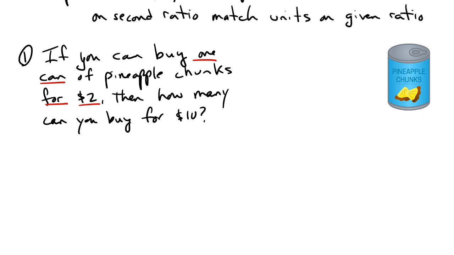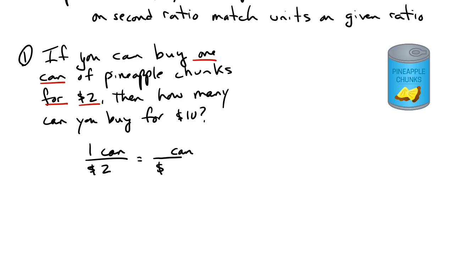So I'm going to write 1 can over $2. That means that when I set up my proportion, this second ratio, I have to put cans over dollars. If I don't, then the proportion is not going to be set up correctly, and I'm not going to get the correct answer.